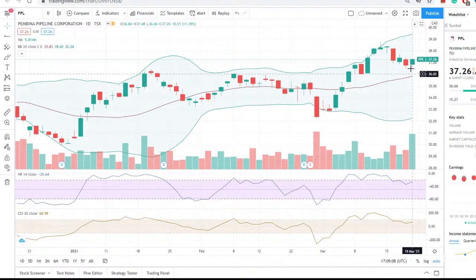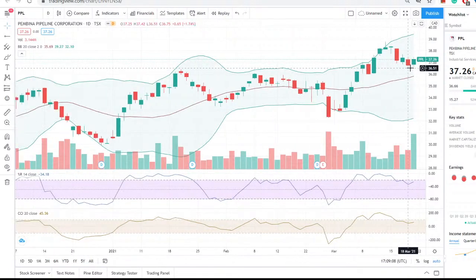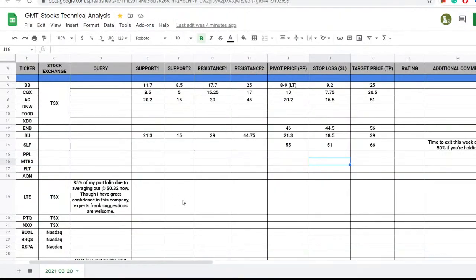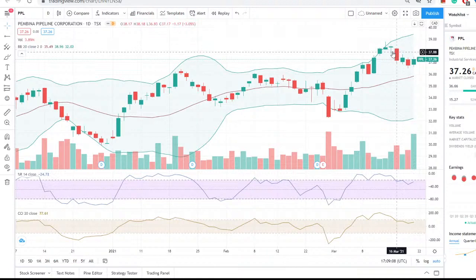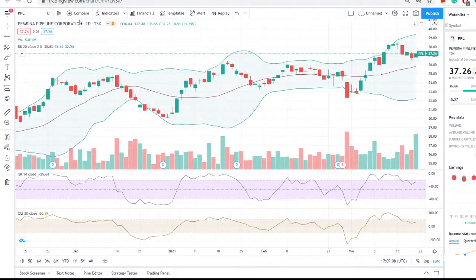It all depends on whether he is holding it for long or not, or what his buying price is. It's not mentioned. So assuming he is holding, it would be good to exit at 38.30 or 38.25. 38.30, 38.50, good price to exit out, and then wait for it to correct.